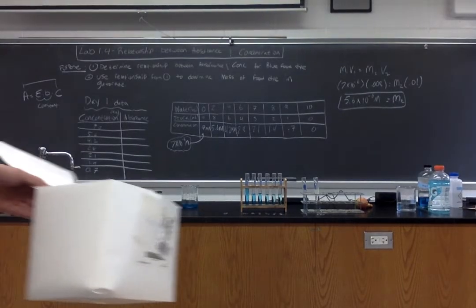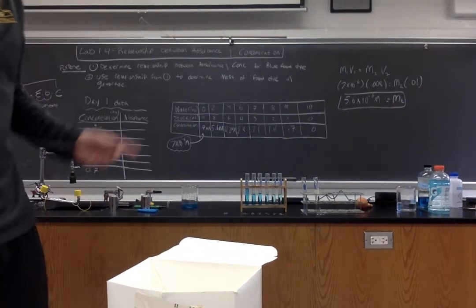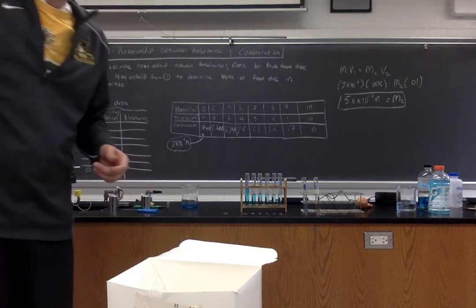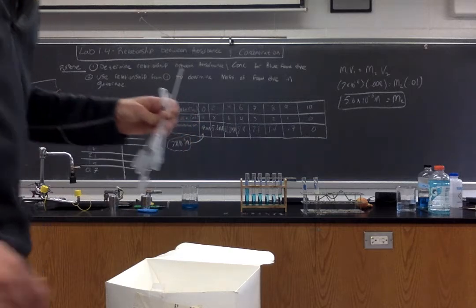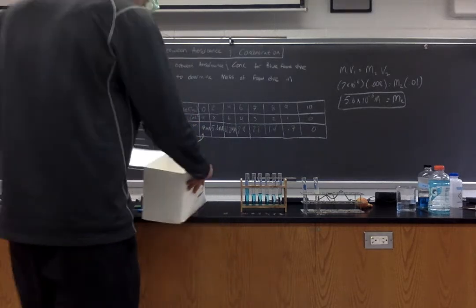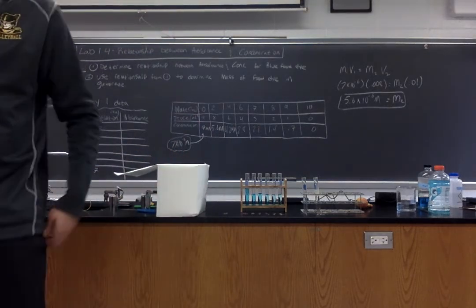Now, in order to take absorbance data, we have to use a device known as a colorimeter, as well as individual plastic pipettes. We'll explain what these are for in just a little bit. So we grab one item.